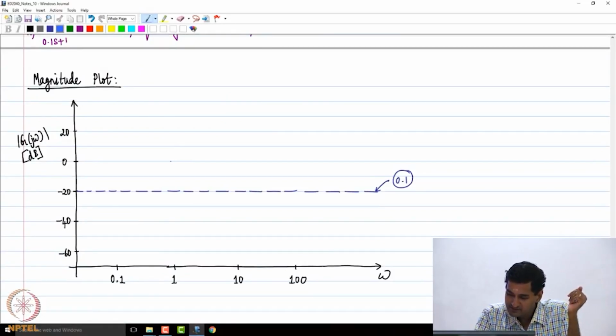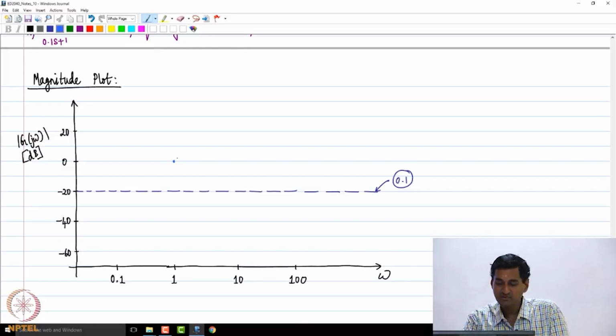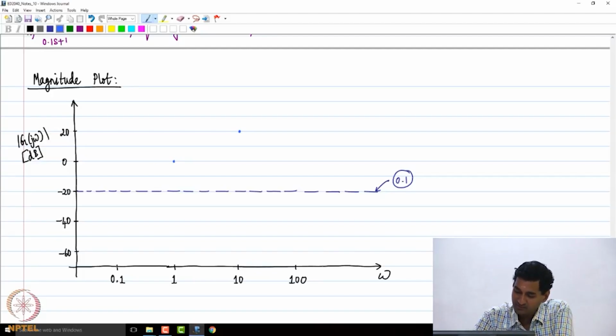It is going to be 0, right. So, let us say I plot at omega equals 1. That is going to be 0. At omega equals 10, I am going to have the value as 20, and at omega equals 0.1, I am going to have the value as minus 20. So, I am just plotting the values.